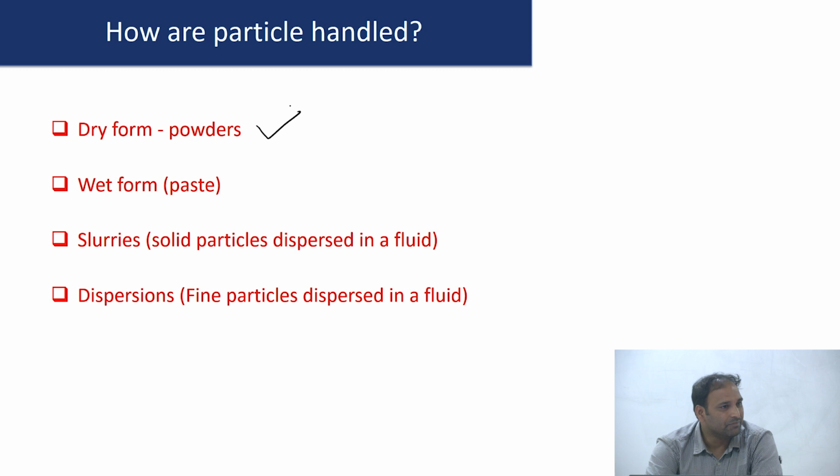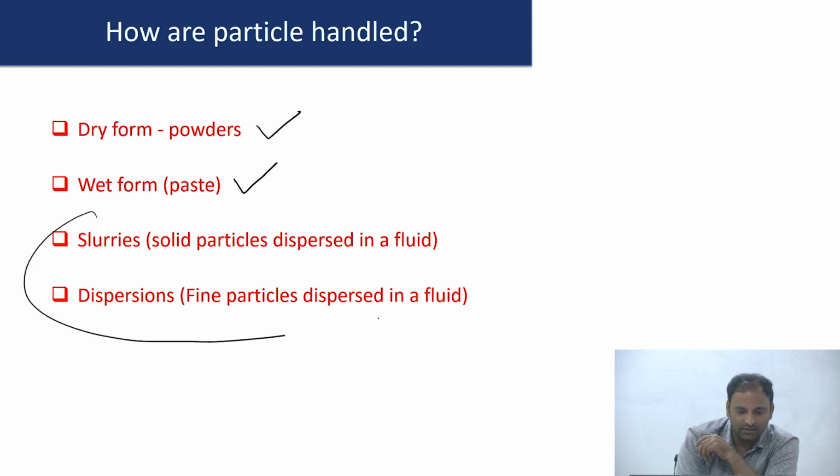How do you handle them? Aspects of that sort. You also have cases where the particles are processed in a wet form. Okay, for example, paste, things like that. Okay, and more often people work with the particles dispersed in the fluid. Okay, that's the last two things.